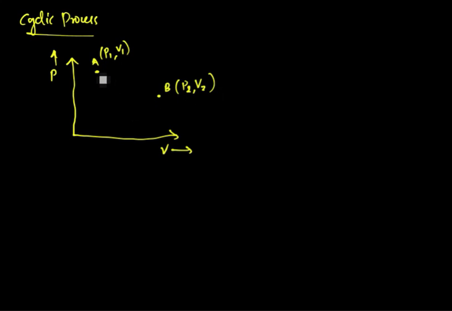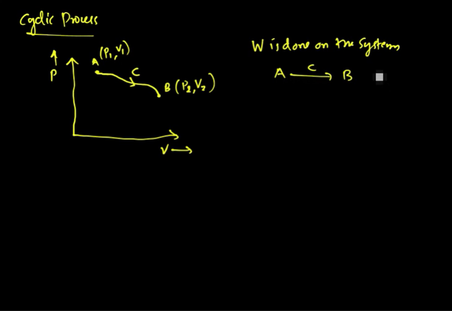Now, suppose work is done on the system as it changes from the initial state A to the final state B through the path, let us call this path ACB.